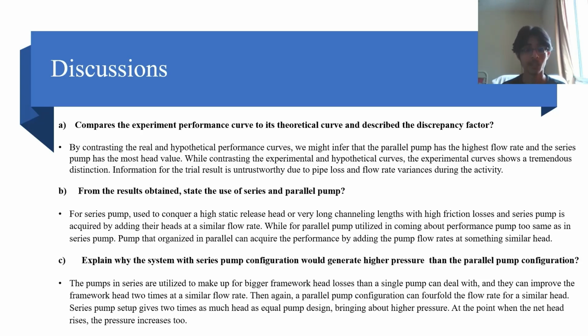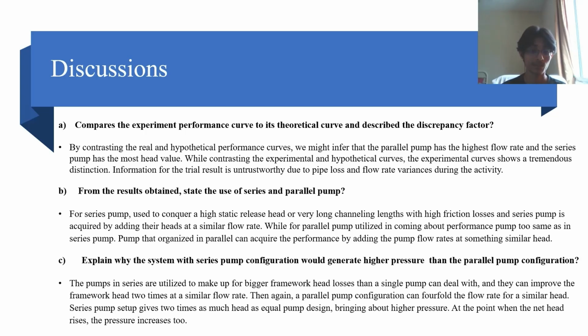While contrasting the experimental and theoretical curves, the experimental curve shows a tremendous distinction. The information for the trial result is untrustworthy due to pipe loss and flow rate variances during the activity.